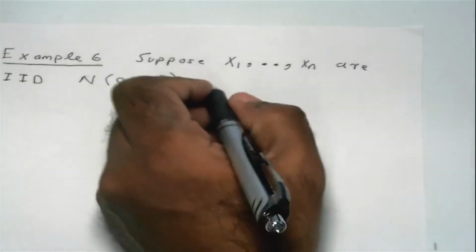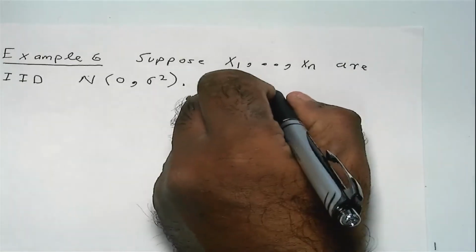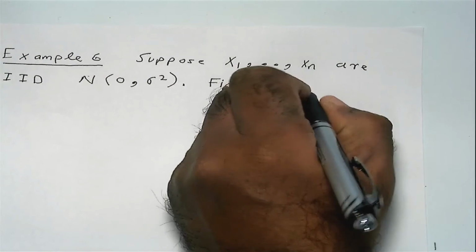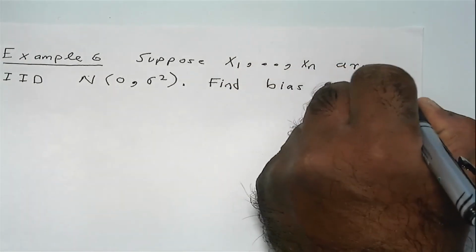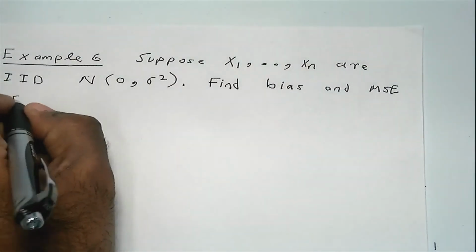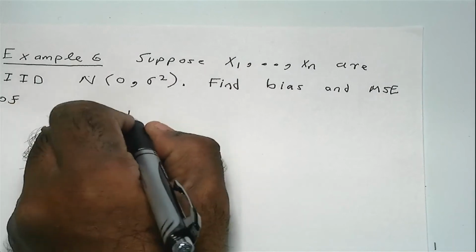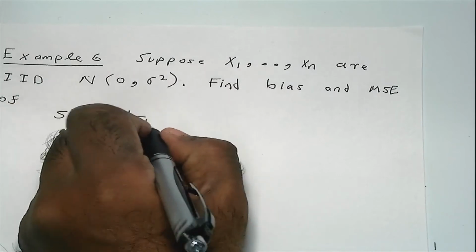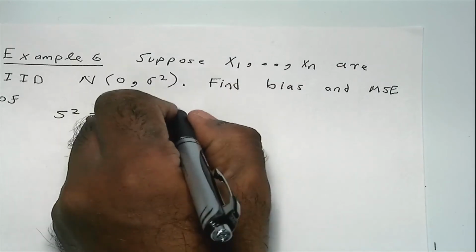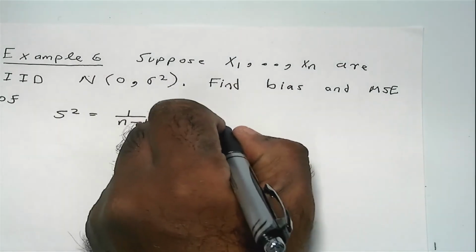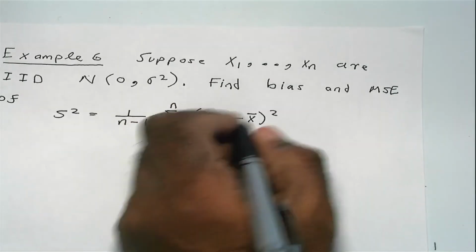In this example, the question is to find the bias and MSE of the following. This is the sample variance with dividing by n minus 1 instead of n. So this is known as the unbiased sample variance.